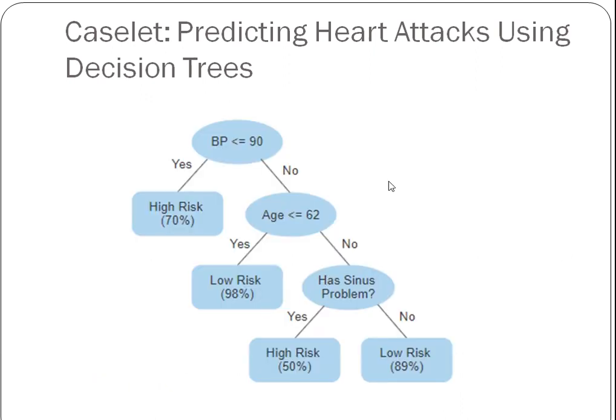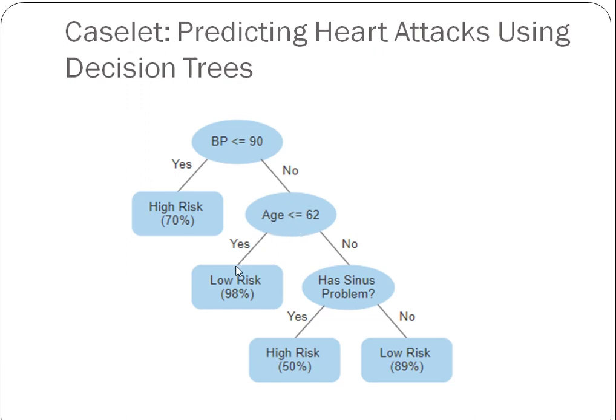And you can see this is the output of the decision tree. If BP is less than or equal to 90 and the answer is yes, this is a very high risk, meaning there is a high chance he will have a second heart attack. They have given a 70% chance. If BP is not less than 90, the next question is: age less than 62?